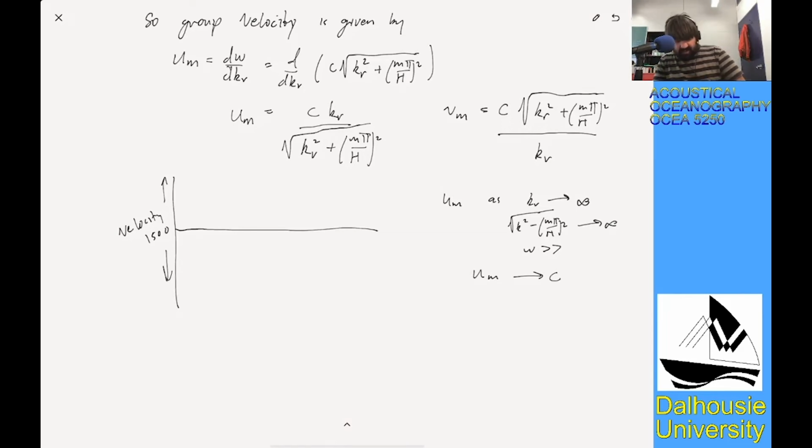Can we make the same argument for VM? You're screaming so loud I can almost hear you back in time here. Yes, right? So VM goes to C as frequency gets large. So we know the curves are going to asymptote towards this 1500 meters a second, or really this is C. Then you can see what happens as we go down in frequency. I should label this axis here, shouldn't I?